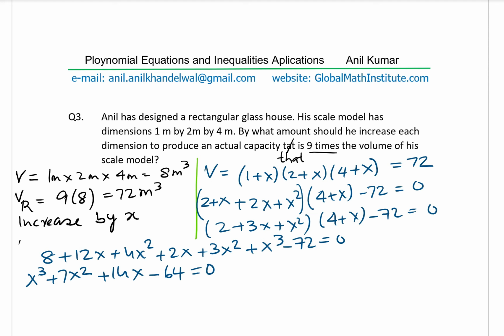So 2 cube is 8, plus 7 times 4 is 28, plus 14 times 2 is 28, and minus 64, that gives you how much? That gives you 0. So we do get a 0 for the value 2. So if I put x equals to 2, in that case, we do get a 0. So that works for us. Okay. So that means x minus 2 is a factor. So this particular polynomial is 0. So x minus 2 is a factor.